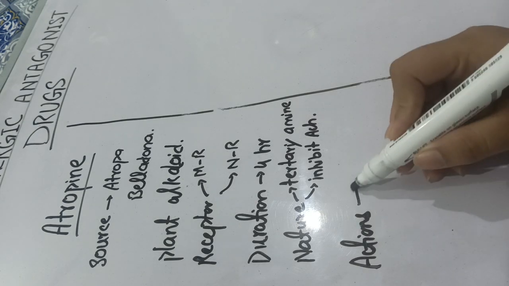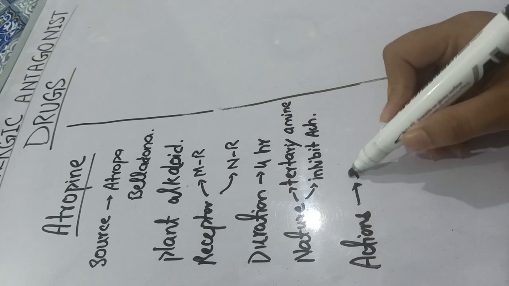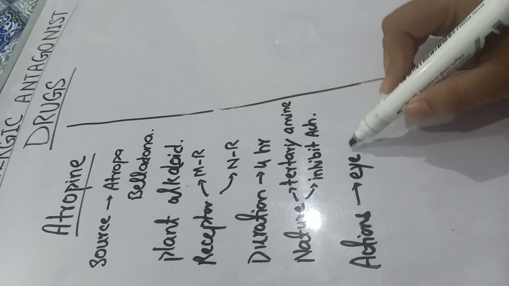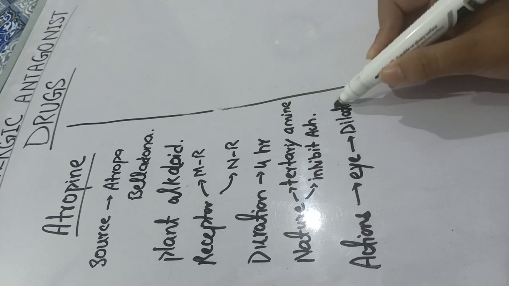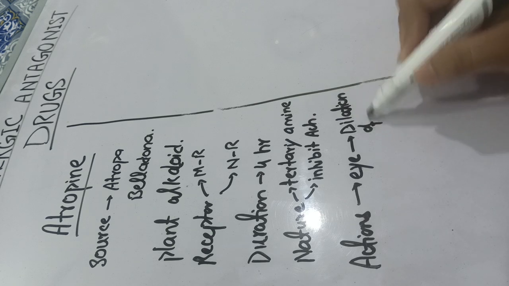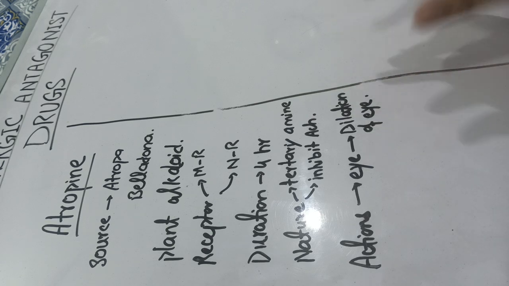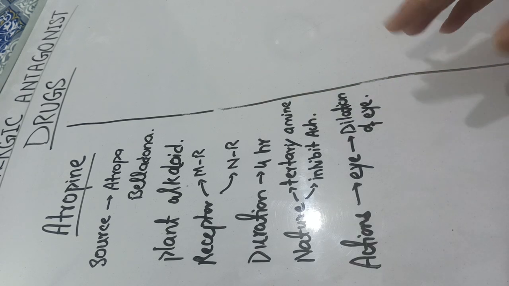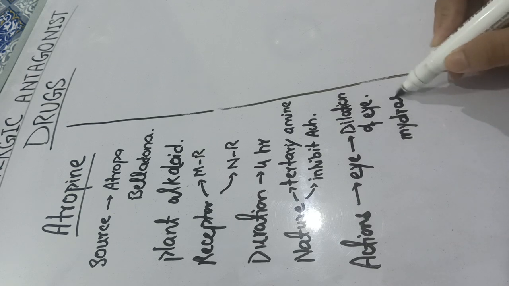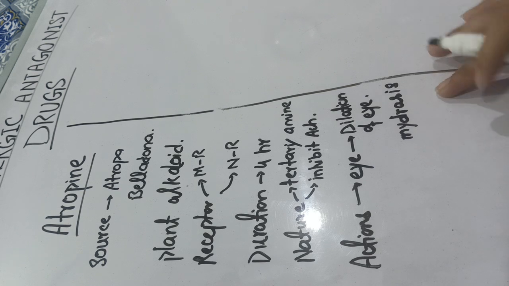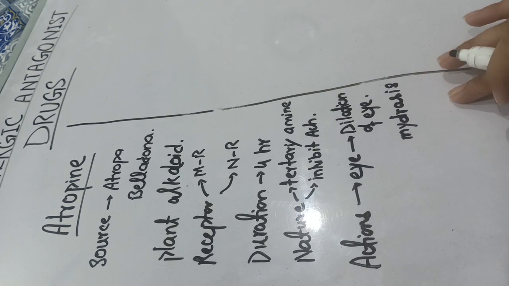Now let's discuss its actions. The first is on the eye. The eye pupil dilates. The dilation of the eye pupil is also called mydriasis, so it is causing mydriasis of the eye.